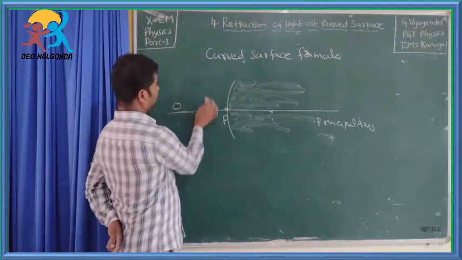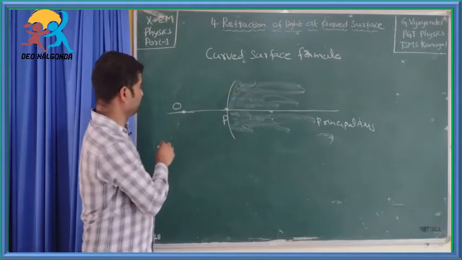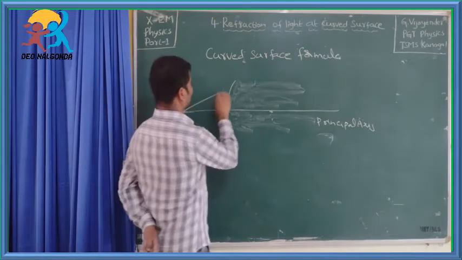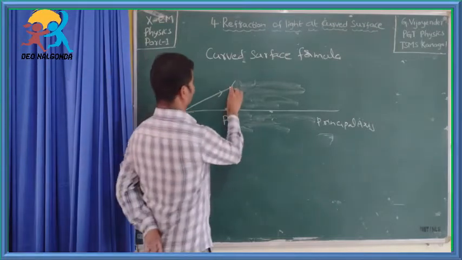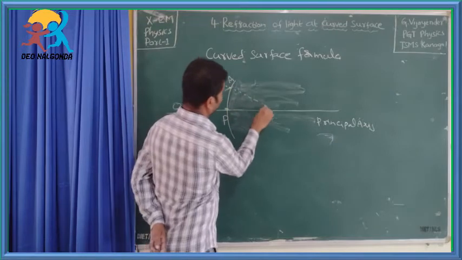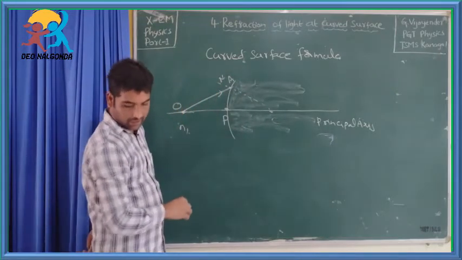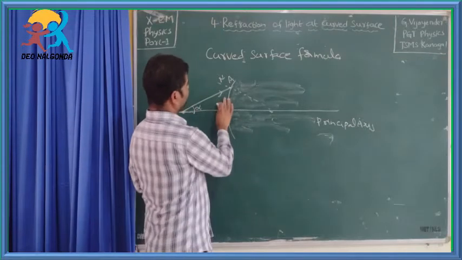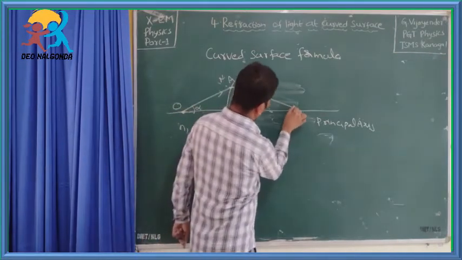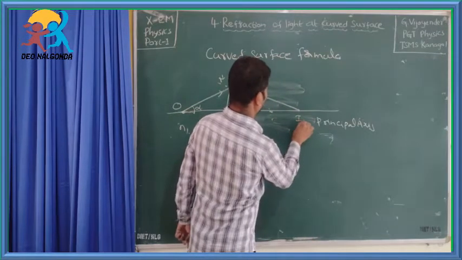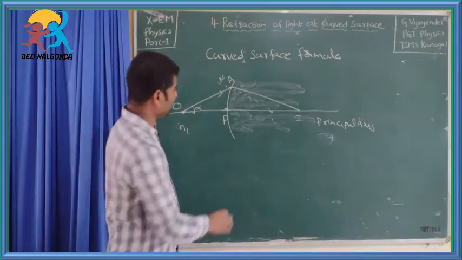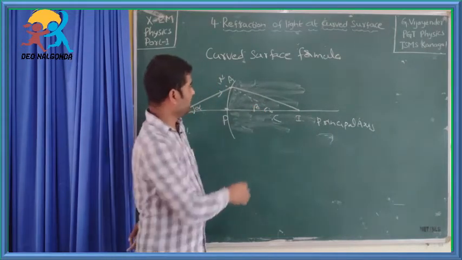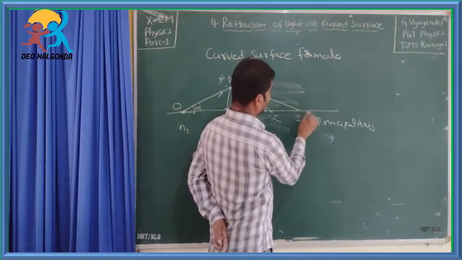Take the refractive index of the air where the object is there, that is n1, and a light ray travelling from the object O is striking at this point A. Draw this normal N. The incident ray making the angle with the principal axis is alpha, and it is refracting and the image is forming at I. The angle made by the normal with the principal axis is beta, and this refracted ray is making angle gamma with the principal axis.